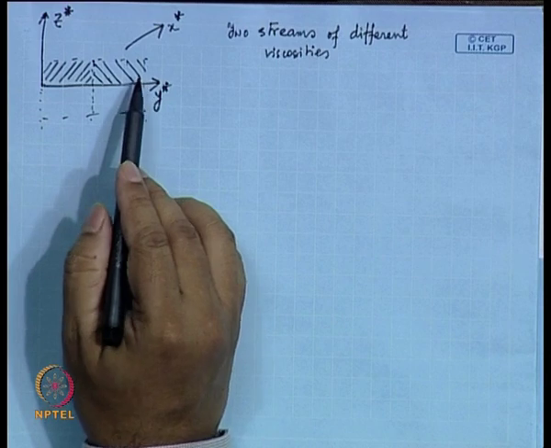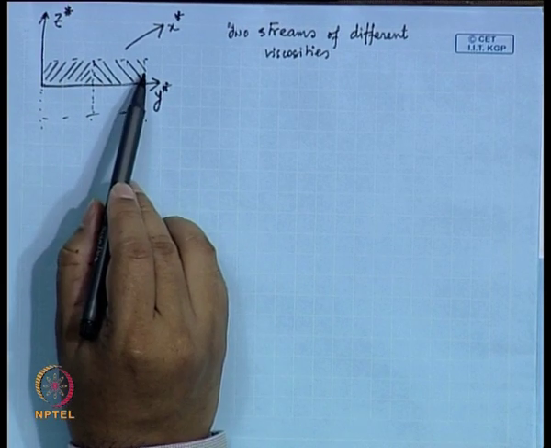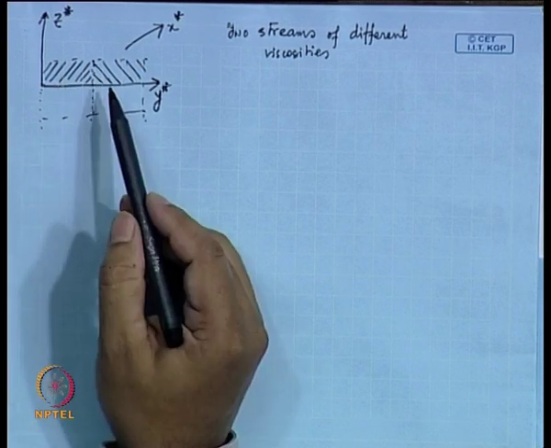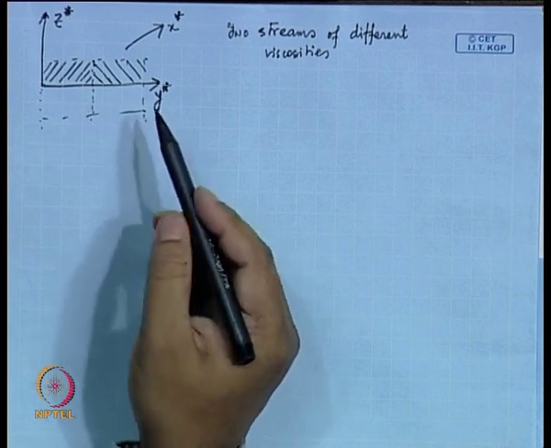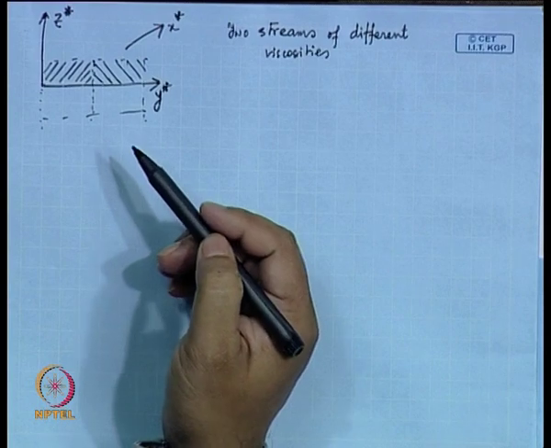So, you are doing the same thing, but instead of having a single liquid flowing through this entire channel, part of it is of higher viscosity and the other part is of lower viscosity. How would you solve this equation?